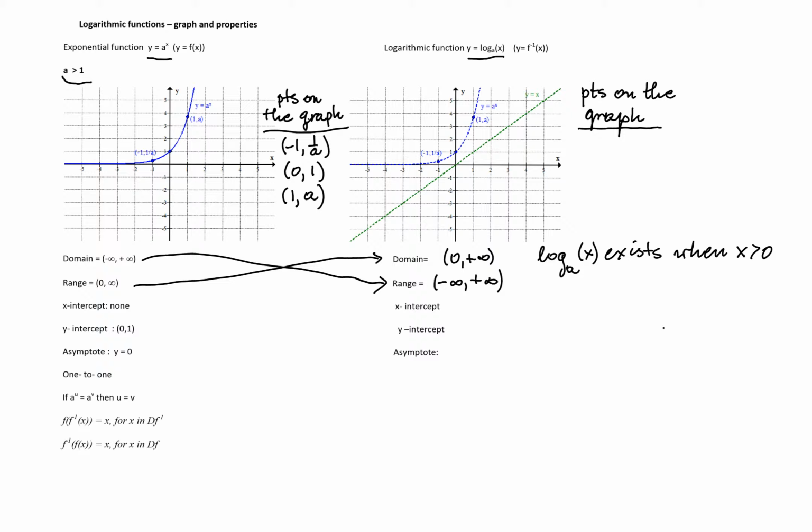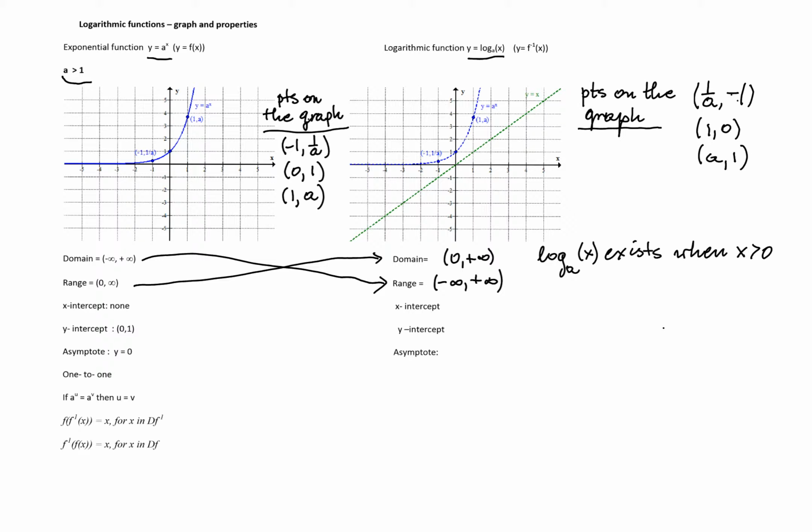Since the points (-1, 1/a), (0, 1), and (1, a) are on the graph of the exponential function, then the following points are going to be on the graph of the logarithmic function: (1/a, -1), (1, 0), and (a, 1).